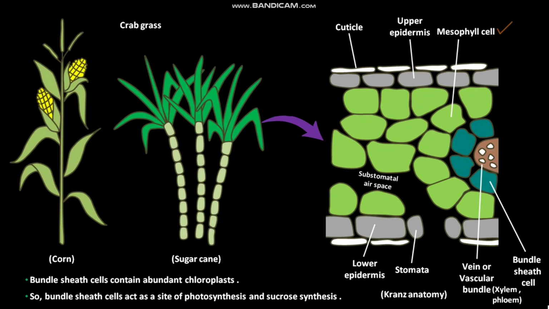Mesophyll cells are adjacent to the substomatal air spaces. Through stomata, environmental gases like CO2 and O2 go into the substomatal air spaces. Also through stomata, CO2 and O2 gases come out from the substomatal air spaces to the environment.